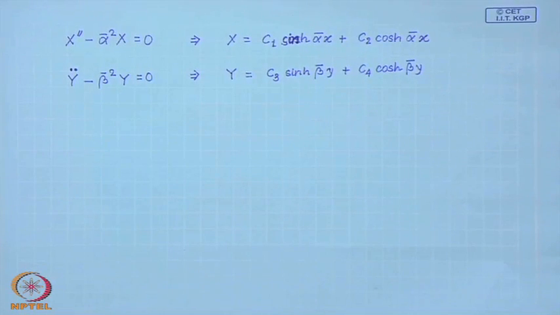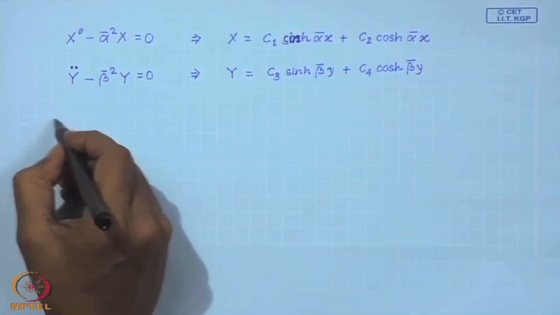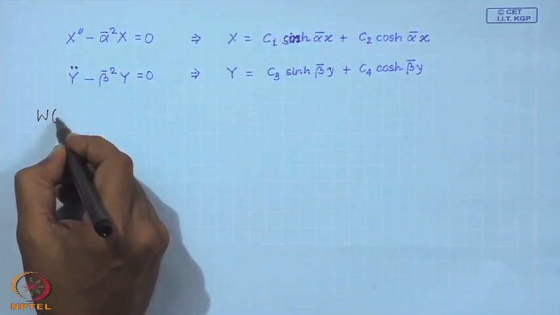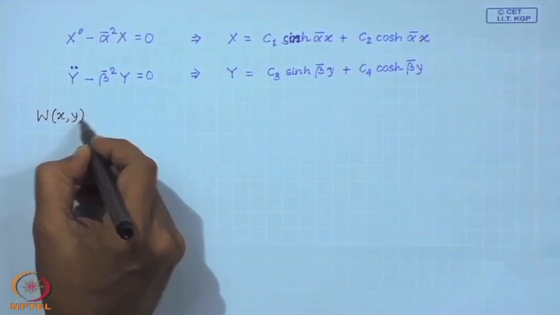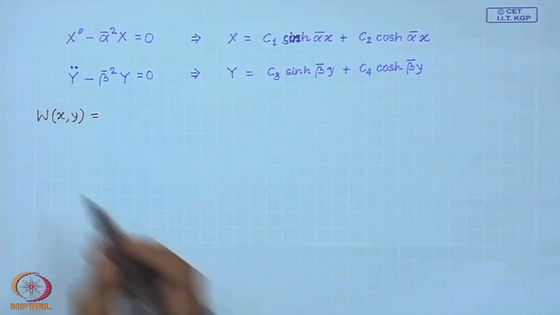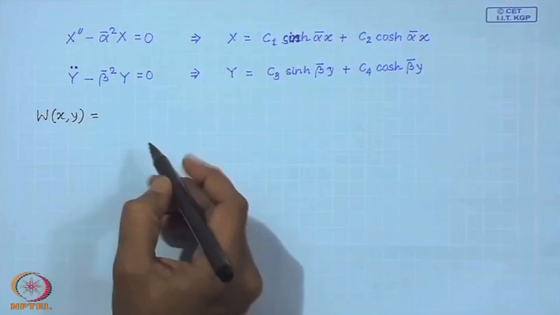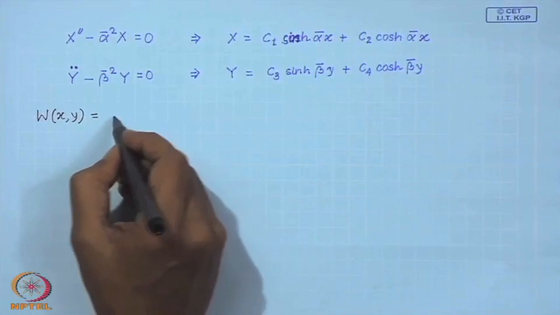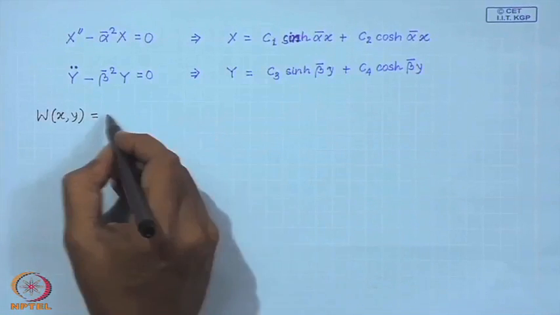Now, let me write down the solution so far. So, our W is W1 plus W2, therefore, we have all these terms.